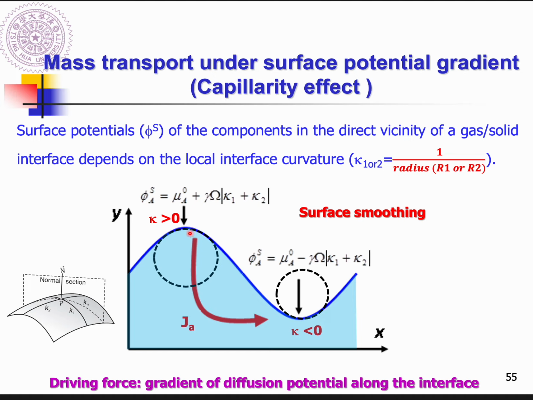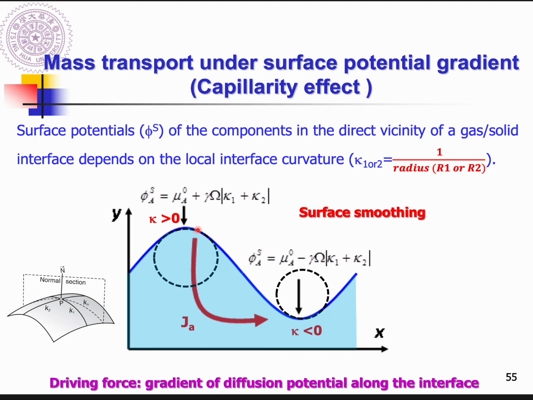So based on this, back to here, if the atom is located at the convex region, the surface potential can be expressed like this. Because this term is positive, the surface potential on this convex region is larger than that on the flat surface.